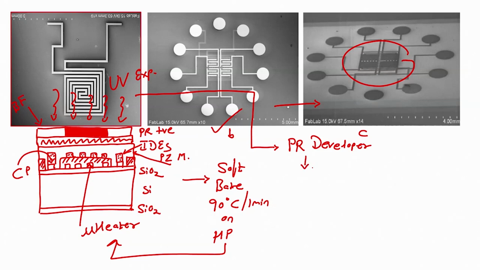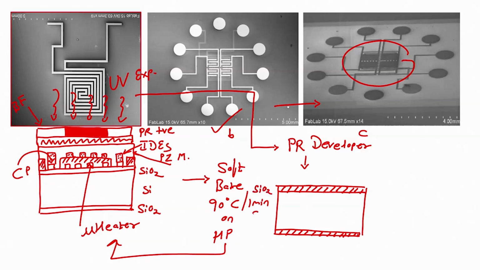After photoresist developer, what is the next step? After photoresist developer, you will see that the wafer will look like the one that I am drawing on your screen, right. Whenever I am drawing, you can also draw in your notebook and see whether you understand how to draw it.